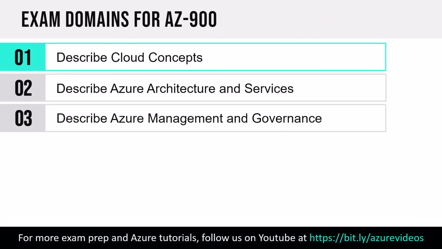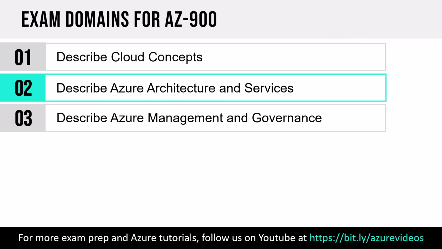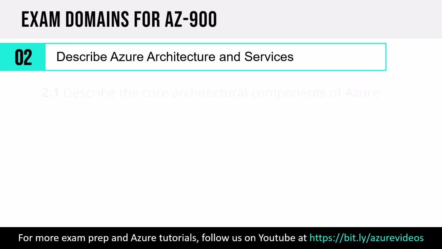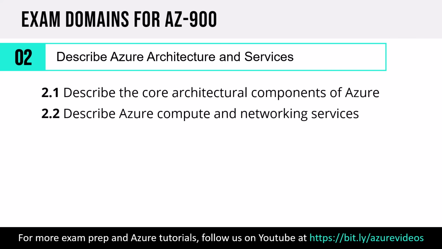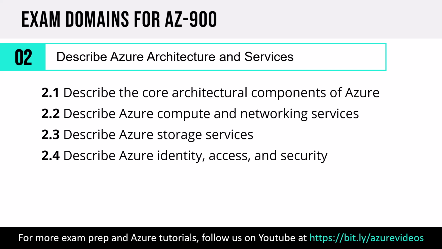And that's a wrap for Domain 1, which brings us to Domain 2, Describe Azure Architecture and Services. And in Domain 2, we'll be covering the core architectural components of Azure, the compute and networking services, Azure storage services, as well as identity access and security.